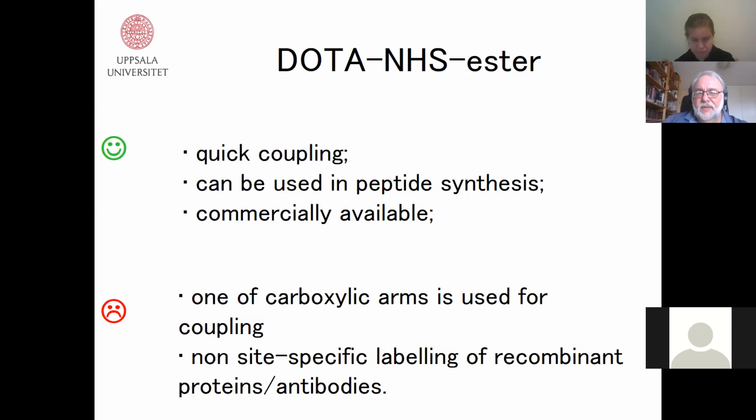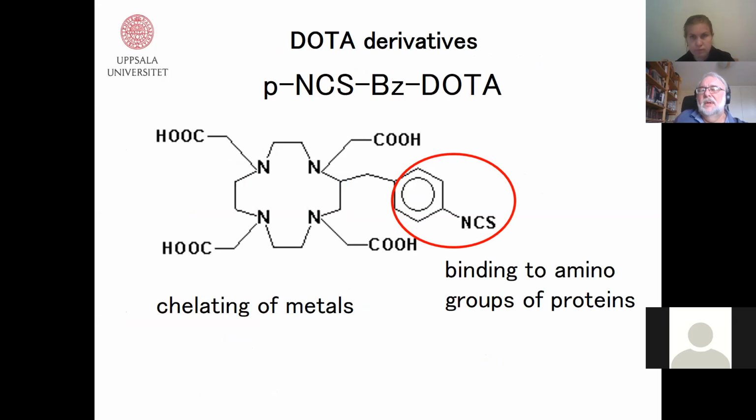It's also not very easy to control this coupling because you have two competing processes. One is coupling to the amino group, and the second is simple hydrolysis, which results in formation of just free DOTA, which is, well, non-reactive.